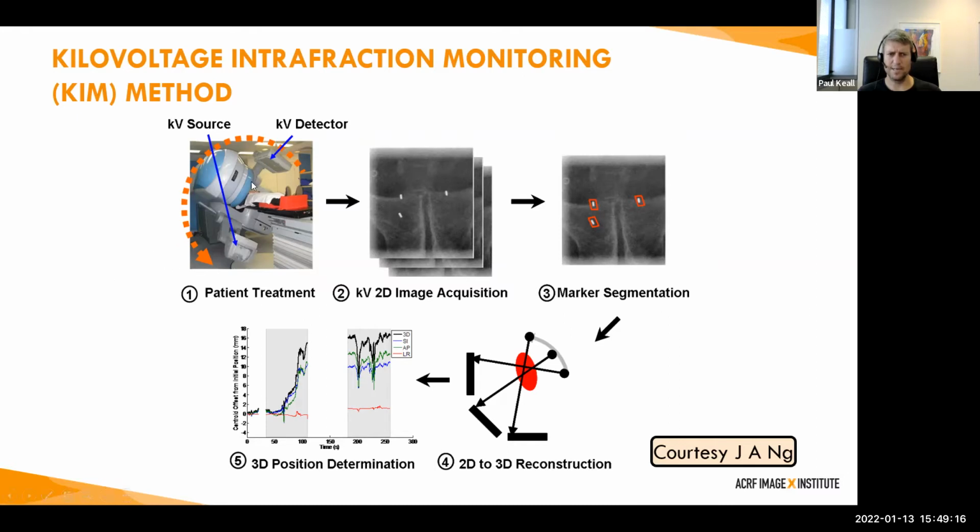That is using the kilovoltage X-ray imaging system of a linear accelerator, imaging the patient in 2D, detecting where the markers implanted in the prostate are, and then using a mathematical operation to go from 2D to 3D. This tells us where the tumor is in space at the time of treatment and allows us to move the radiation beam.